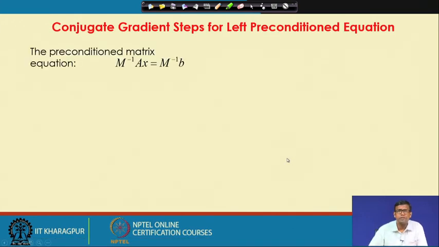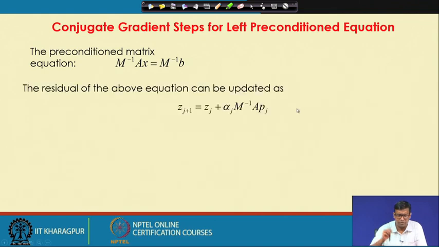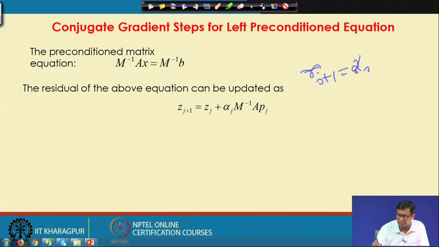The preconditioned matrix equation is M inverse A x equal to M inverse B. The residual of the above equation can be updated very similarly, with M inverse A as the coefficient matrix now. If we remember our older update, it was R j plus 1 is equal to R j plus alpha j A p j.